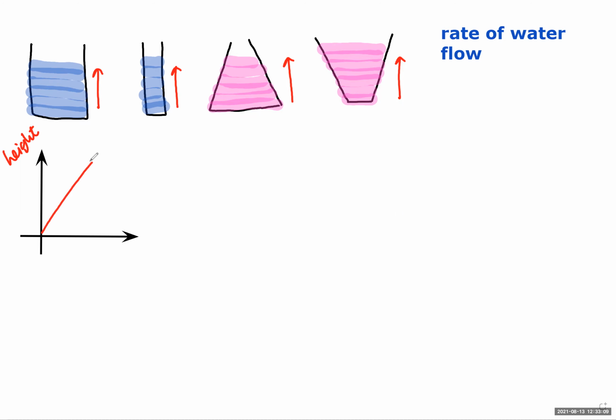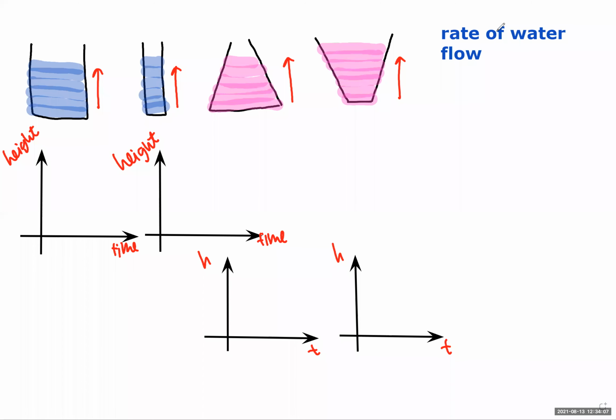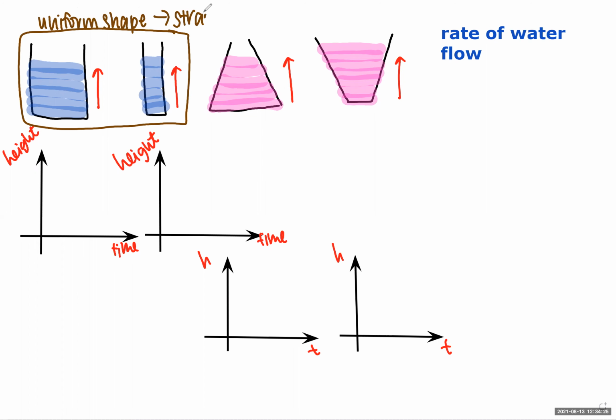Okay, so what are the different variations that you need to know? Let's go more in depth in that. So now there are 2 different shapes. Over here, these 2 are called uniform shape. Whenever it is a uniform shape, that means it's going to be a straight line graph.